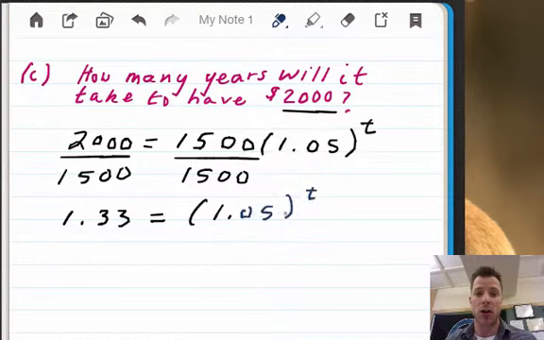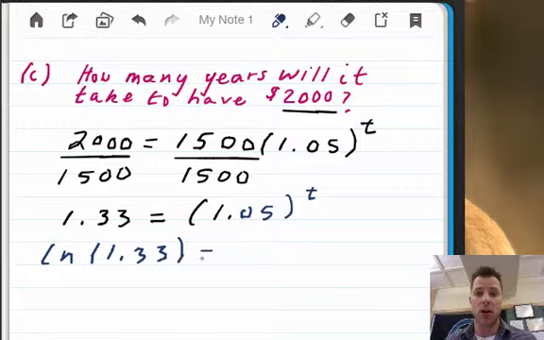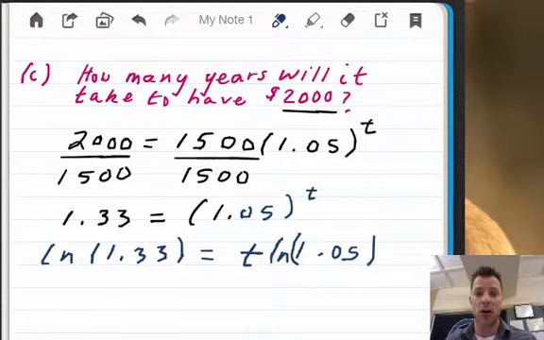So now, a lot of people will say, let's divide by 1.05, but you can't, because that's being raised to the t power. So we have to be a little bit tricky and clever. We've got to take the natural log of each side. And when I do that, by using properties of logarithms, I can bring out the t.